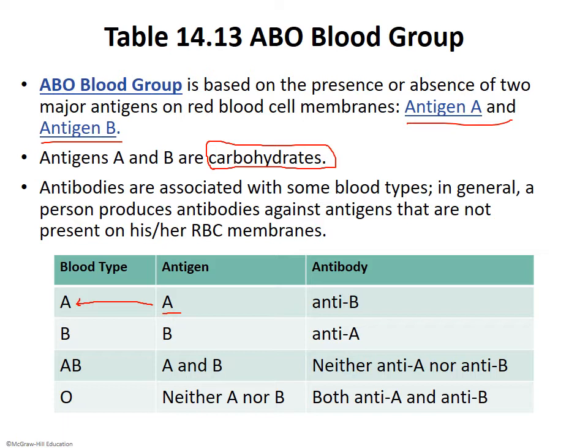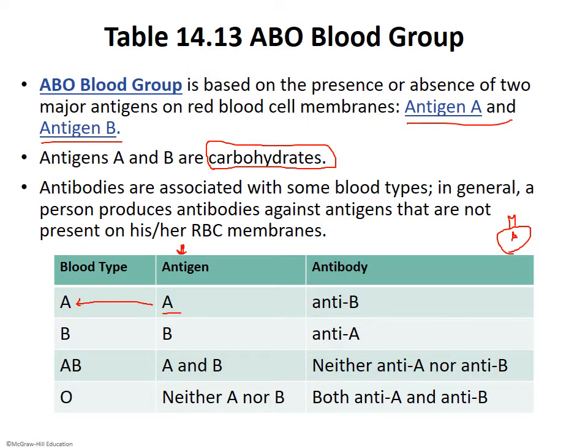Now, when I am developing as a fetus in my mother's womb, there's an early point in time where my body will start creating red blood cells. At that point, the red blood cell, and I'll draw it over here, is going to have an antigen form on its surface. Let's say this is A.